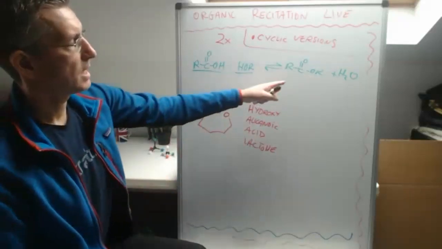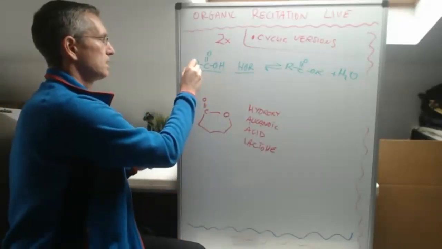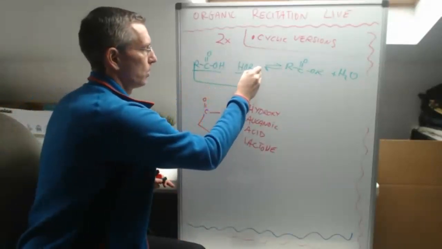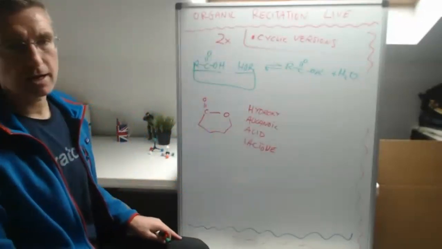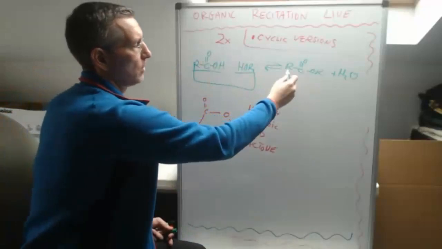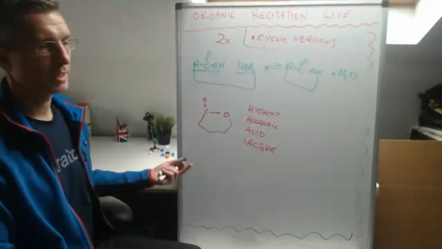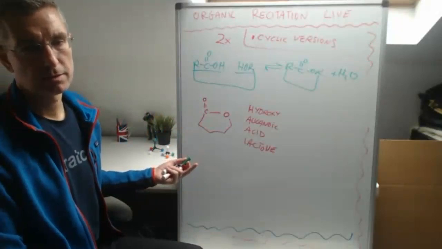To make a cyclic ester, what we need is this group to be connected to that group. And then when they form your ester, those things are connected together, and you get a cyclic ester.